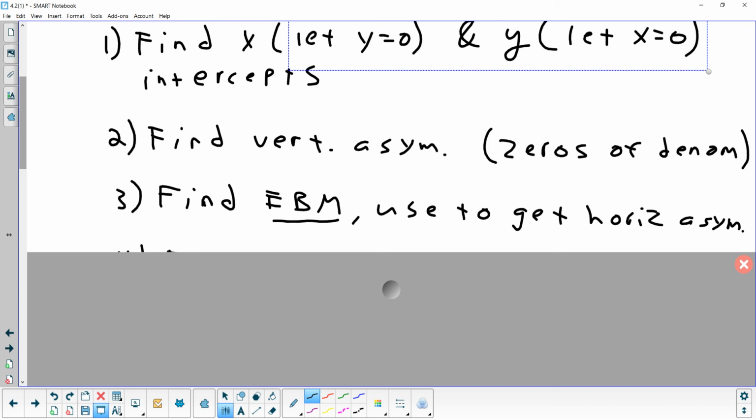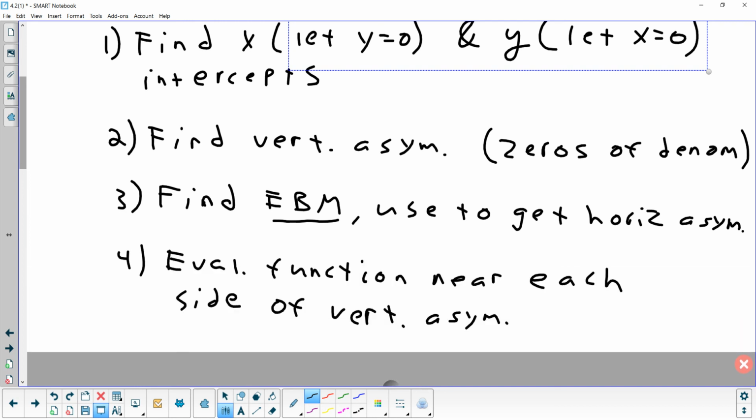So you can't plug in a number that would make it 0, but you can plug in a number close to that. So if you had a vertical asymptote of like 2, what you want to do on the calculator is don't plug in 2, plug in like 1.999 and see what happens. Plug in 2.0001. Plug in a couple numbers around the vertical asymptote that are very close to it.